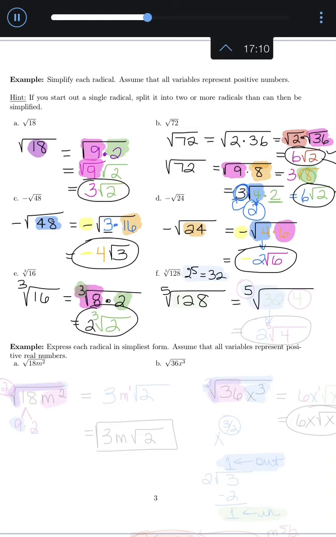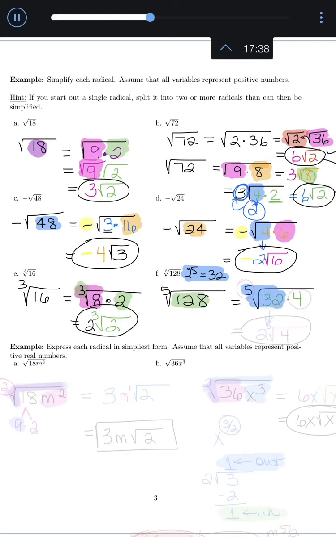So 128 divided by 32 is 4. So I can rewrite this 128 as 32 times 4.